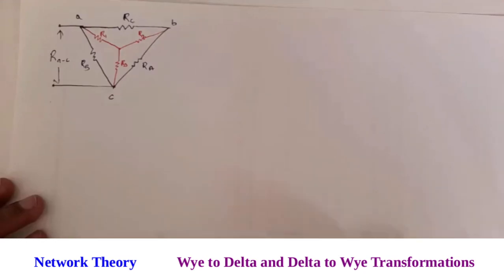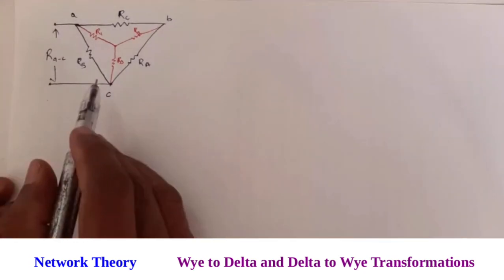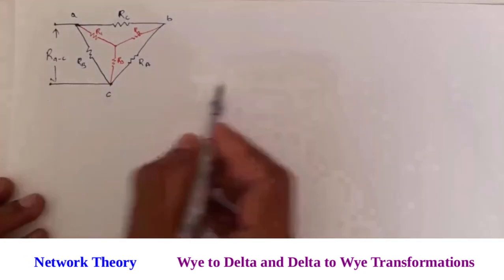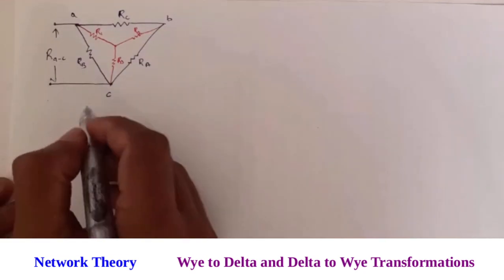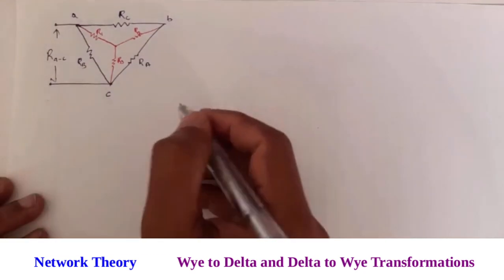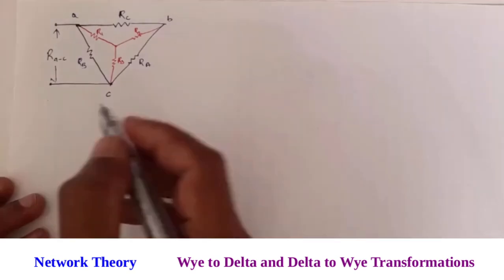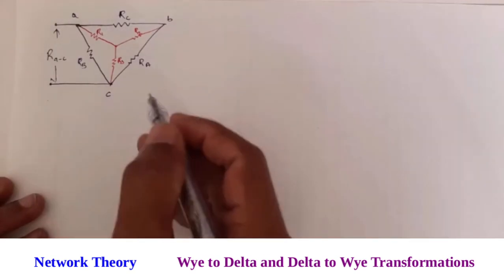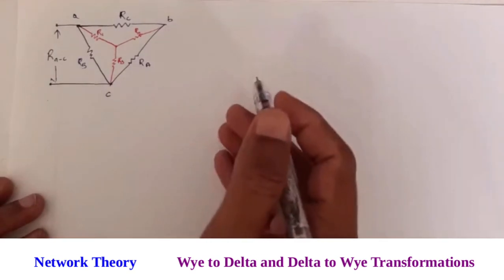A very simple thing to consider before we proceed further, you can write it like this: to consider the networks Y and delta to be equivalent, the resistance between any two terminals of the delta and Y must be the same.